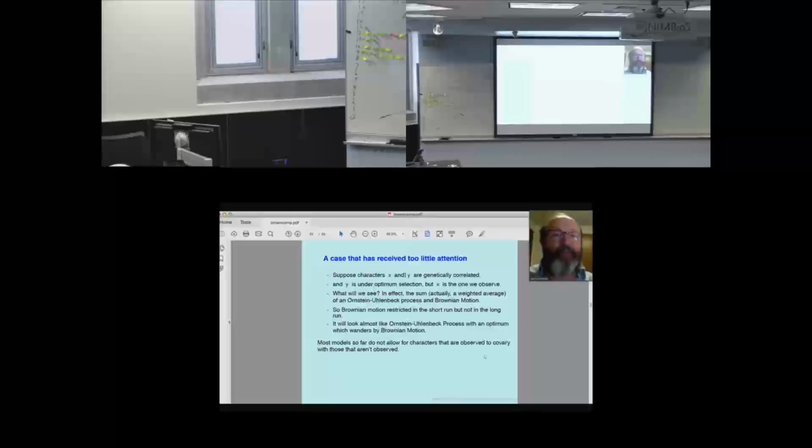So you have two characters, one of which you're measuring and one of which you're not, and they're genetically correlated with each other. One of them, maybe the one you're not measuring, Y, is under optimum selection, but you're observing X.